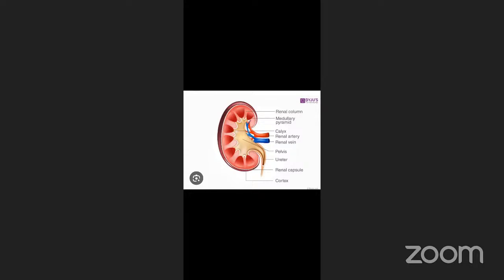Deamination. That is deamination, correct? So describe the process of deamination.